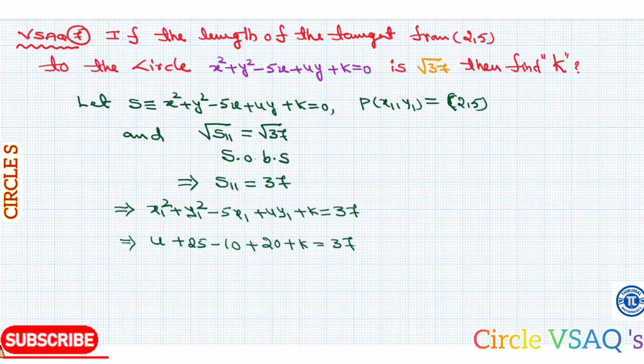Now 4 plus 25 is 29, plus 20 is 49, minus 10 is 39, so 39 + k = 37. Now k = 37 − 39, then we get k = −2.